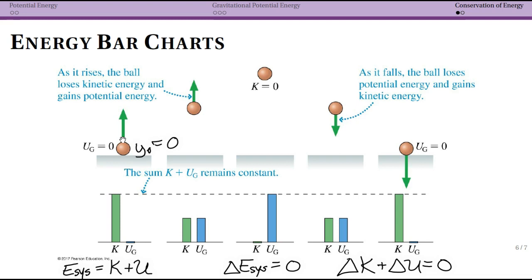We have nothing external acting on this. We have the ball, and the rest of the system is the Earth to have gravitational energy. So the change in system energy is zero, which means when we add up the changes in kinetic and the changes in potential, that's equal to zero. As we see a decrease in kinetic, our potential has increased such that they sum to zero.